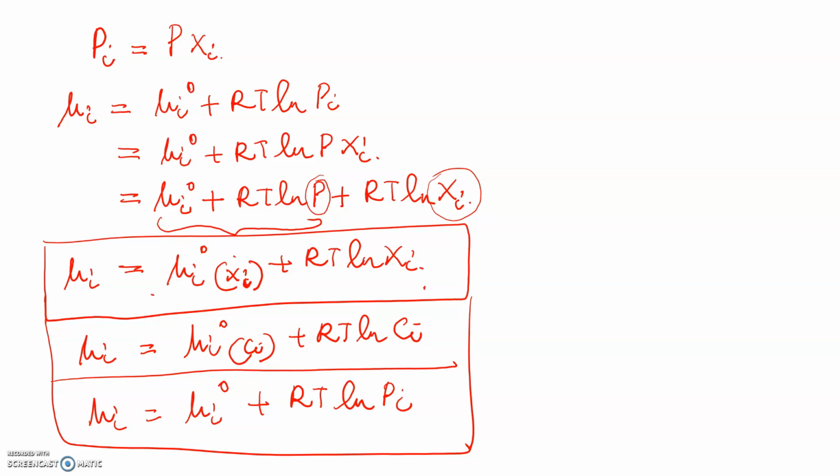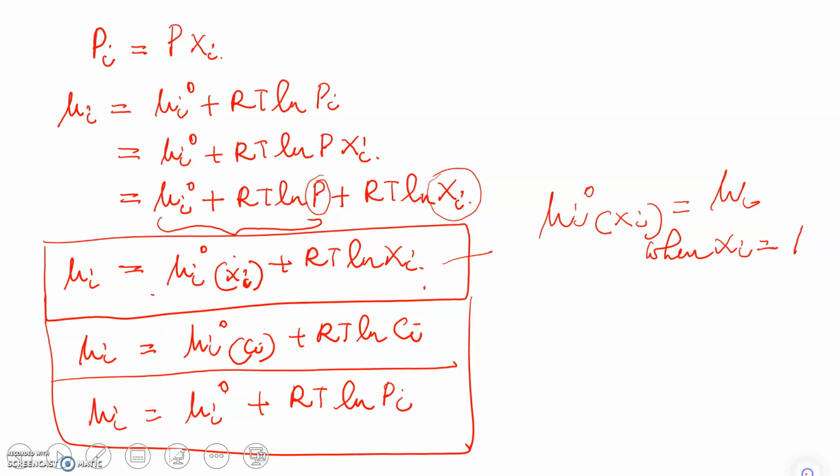In these equations, mu i 0 Xi, mu i 0 Ci and mu i 0 are constants. Regarding this equation, mu i 0 Xi is equal to mu i when Xi is equal to 1.